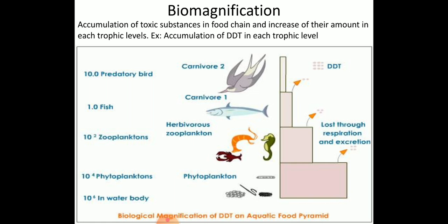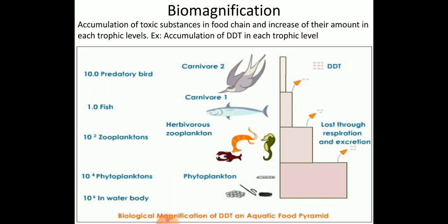This is eaten by the small fishes, and next these small fishes are eaten by the larger fishes. So when going from one level to the other, the accumulation of DDT will increase. If one small fish may consume 10 mg of DDT, the largest fish consumes 10 fishes, which means 100 mg of DDT will be accumulated in the large fish.